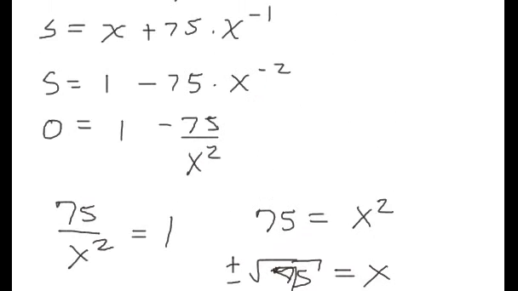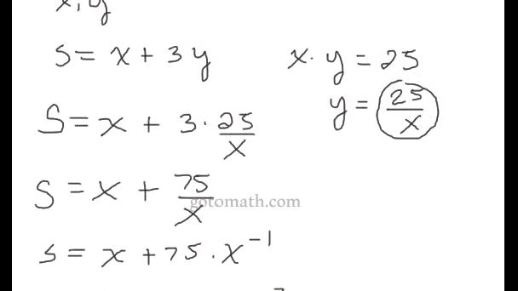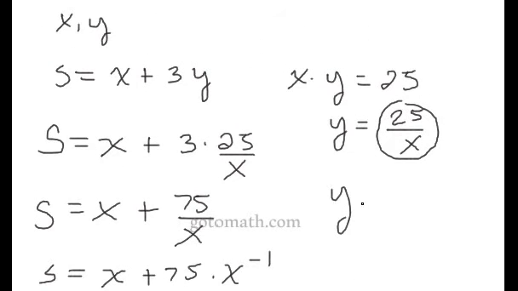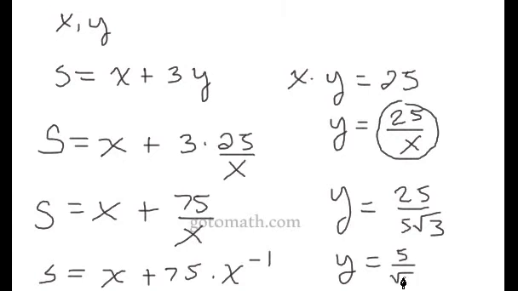Now remember how to get y. We want to come back up here and say y is equal to 25 over 5 square roots of 3, and we can simplify this down. Alright, so 5 goes into 25 5 times, and that's going to be over the square root of 3.